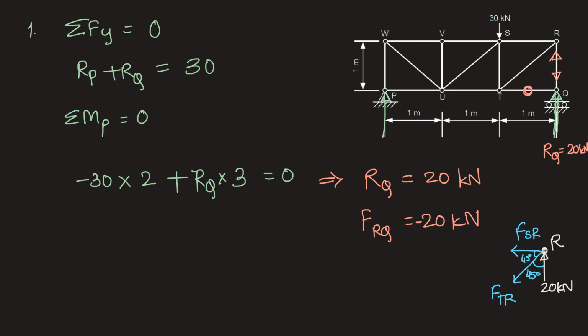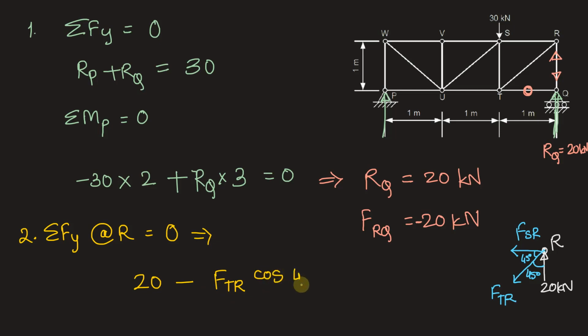Let's write the joint equilibrium equations now. At joint R, the known force is vertical, so we'll start with vertical. Summation Fy at R is equal to 0. We have an upward force of 20 kilonewton, so it is positive. FTR has a component downward, so we can write minus FTR cos 45 degrees equal to 0.